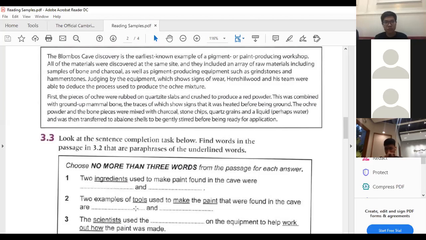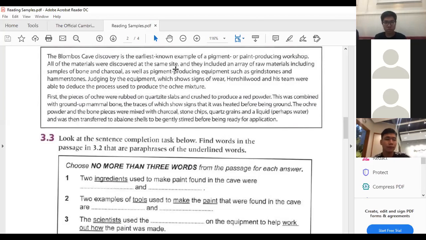Number two, we talk about tools or equipment to make or produce paint or pigment. So again, what should be the answer? Is it a noun or verb or adjective? Same structure. Number two, a noun again, okay? So the noun should be again about the tools or equipment. So continue reading and find the tool, equipment or tools that you use to make the paint.